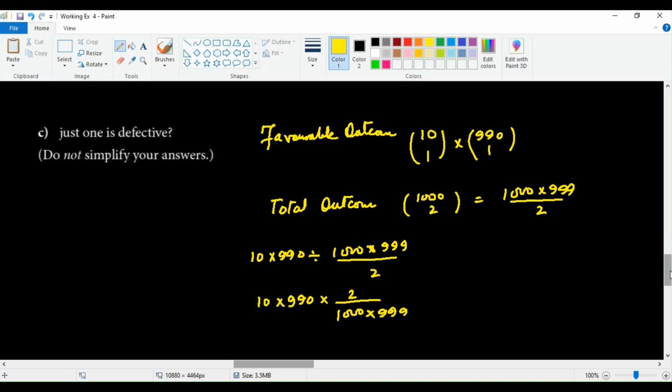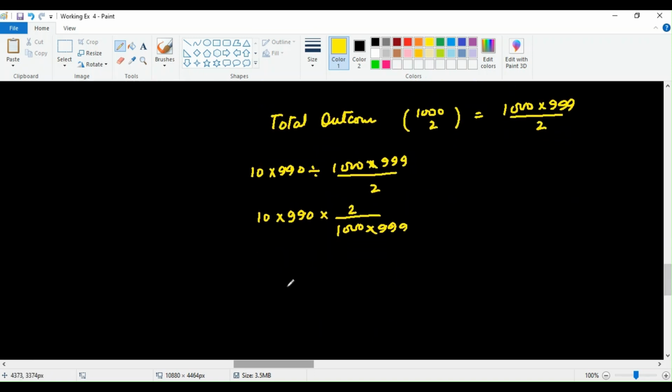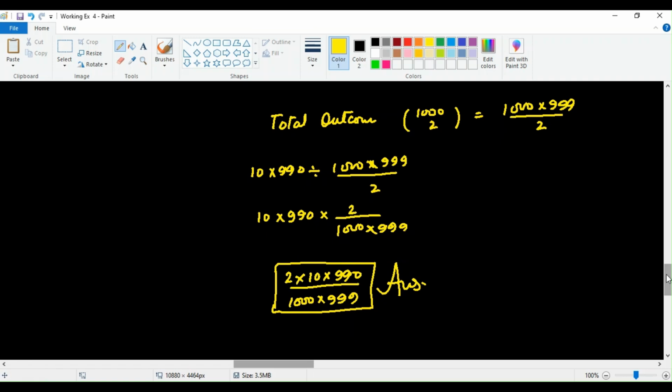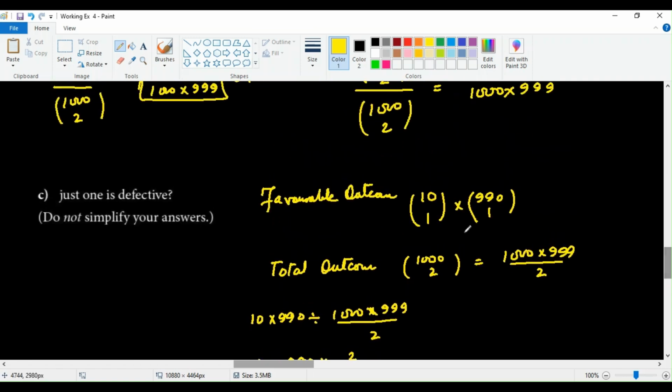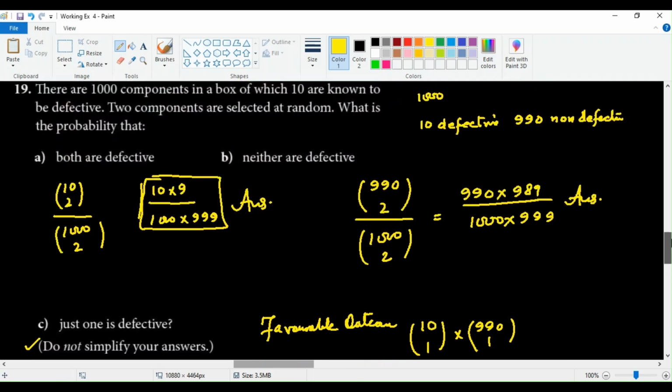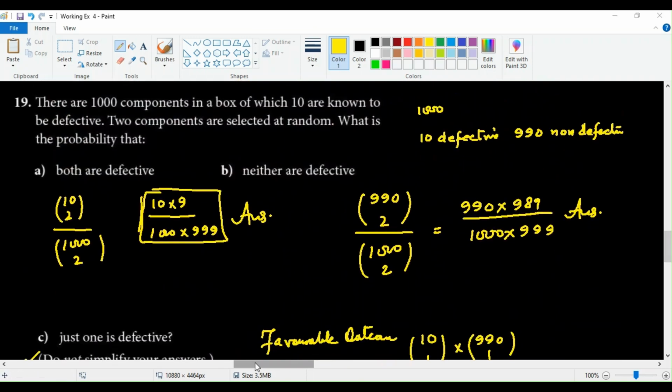So finally the answer is going to be 2 times 10 times 990 divided by 1000 times 999. This is going to be the final answer for this part of the question. Because it is mentioned in the book itself, do not simplify your answers. This is why I'm not simplifying it.